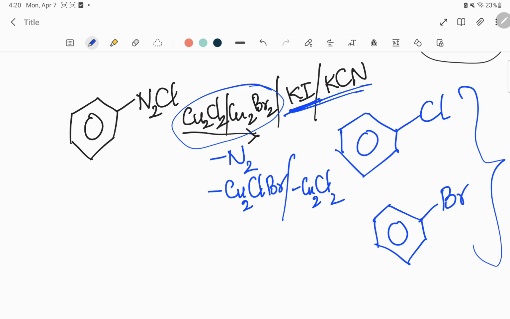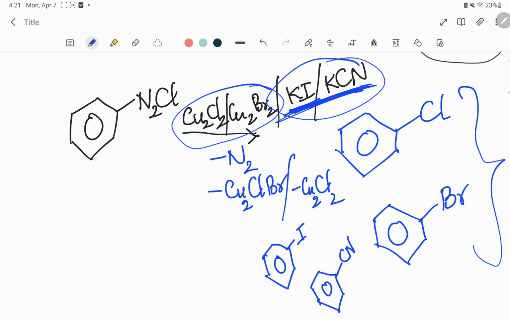Here KI and KCN are used to prepare iodobenzene and also cyanobenzene. So you will get benzene with iodide and benzene with cyanide group as the product if you are using KI or KCN, and the byproduct produced will be KCl, potassium chloride.